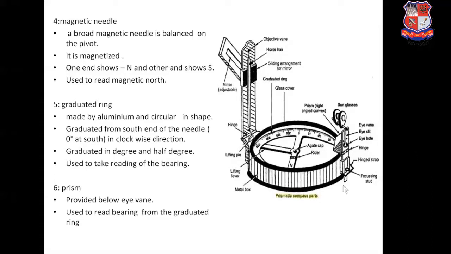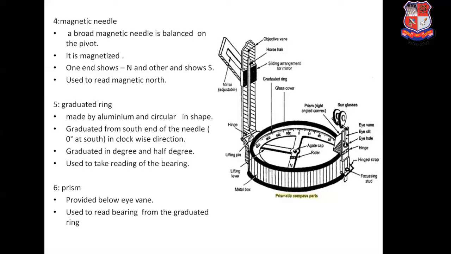Then graduated ring, you can see this is the graduated ring of the prismatic compass. So graduated ring is made of aluminum, and it is circular in shape. Graduated ring is connected with the magnetic needle of this prismatic compass. Graduated from the south end of the needle.